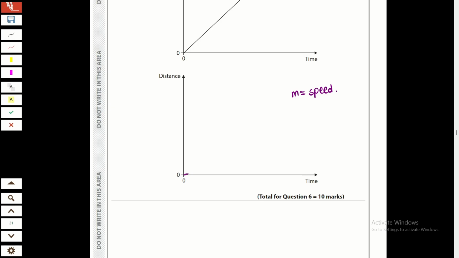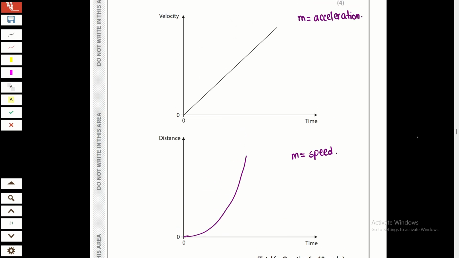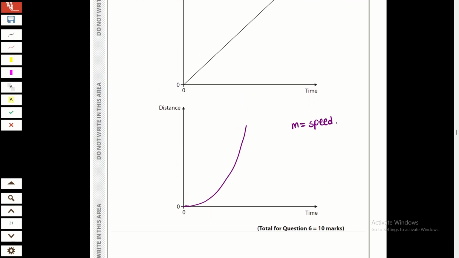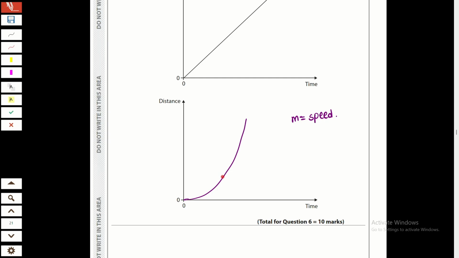So the shape of the graph would look something like this. If I draw roughly, this is the distance time graph for the rocket. As you can see, the gradient of the graph is gradually increasing.